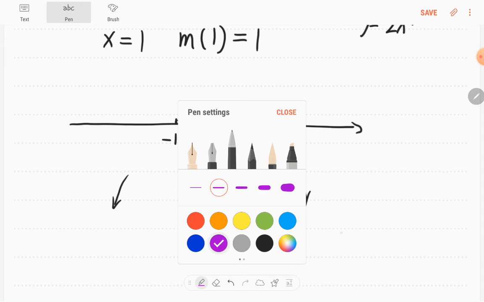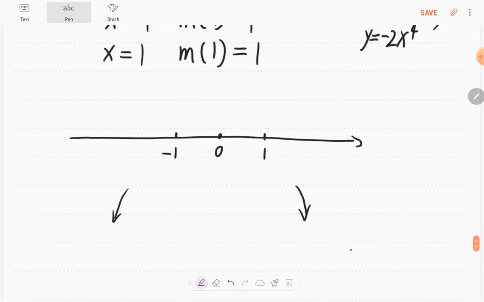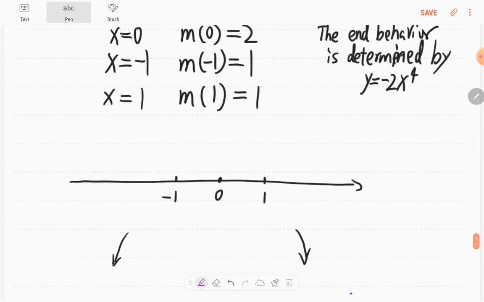So the end behavior would be this one and this one. Our graph will look like this: here is the end behavior for when x is very small, so then go up. Here the multiplicity is 1, so we cross. Then we must go down somewhere.